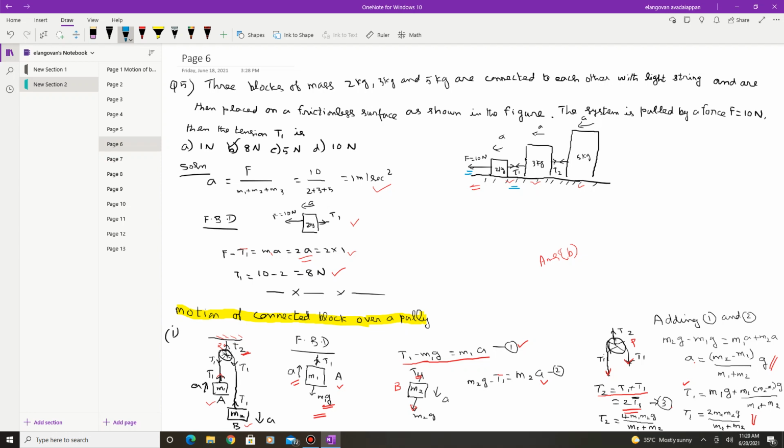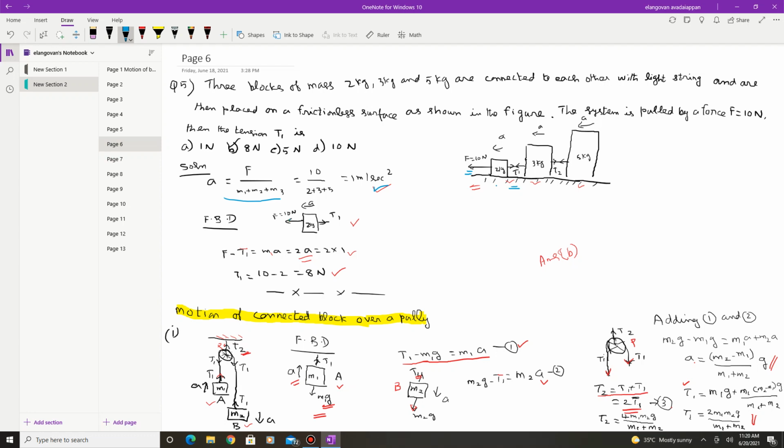So what is the acceleration? As usual, acceleration is the total force divided by M1 plus M2 plus M3. If you substitute, F is equal to 10 divided by the total mass, which is again 10. So the acceleration is calculated as 1 meter per second squared. Then you draw the free body diagram for the first block of mass 2 kg.